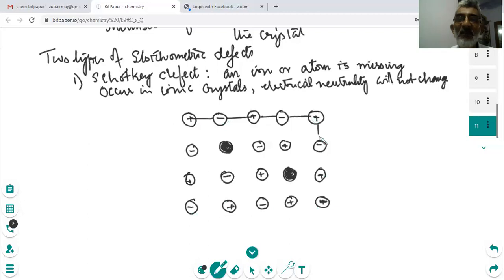That is, one anion is missing, and a cation is also missing. You have to remember that. That is how you maintain the electrical neutrality. So this is how it will look in the crystal structure. You have two places where the two atoms are missing.